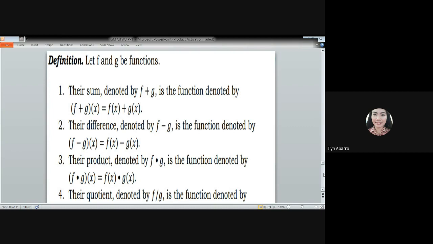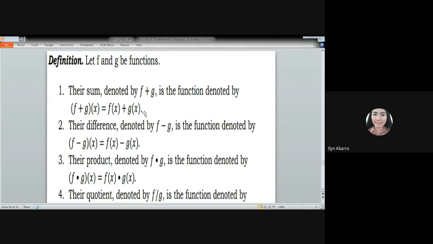Okay, so these are our rules in simplifying or doing the operations on functions. So, definition. Let f and g be functions. Okay? So, in here, yung f and g are functions. We are just using variables. Their sum, or addition of functions, denoted by f plus g, is the function denoted by f plus g of x is equal to f of x plus g of x.